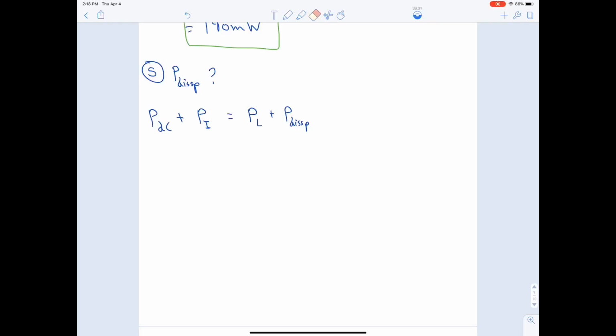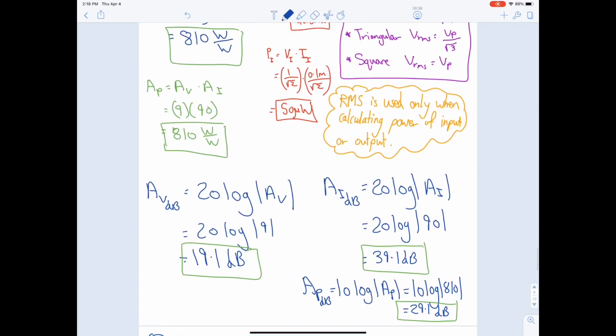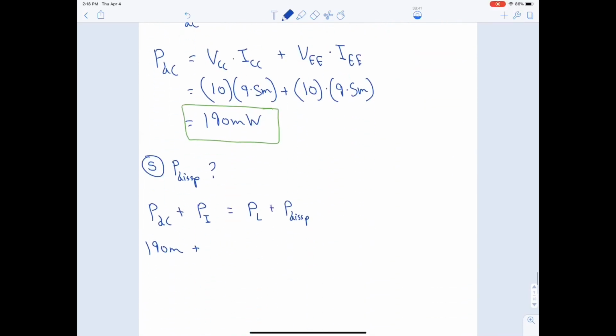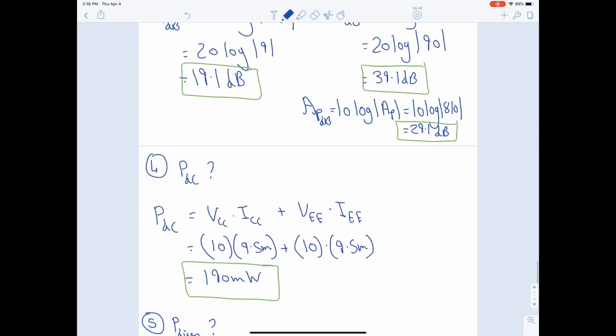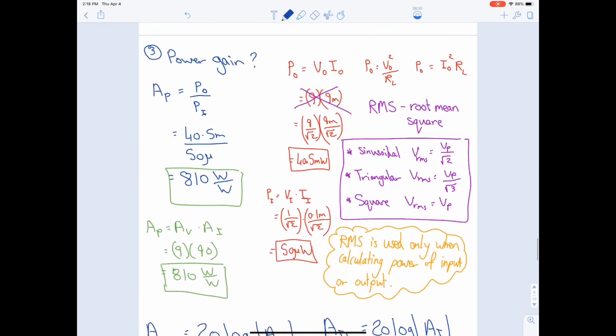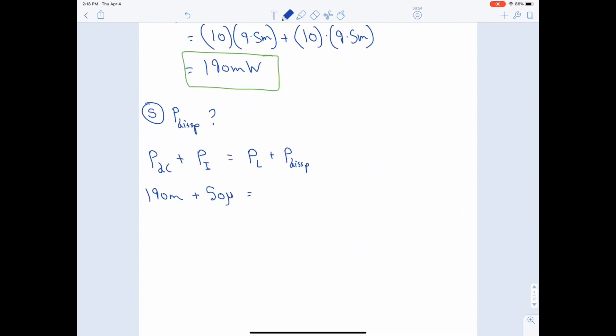What is the power at the DC supplies? It's 190 milli, and the power at the input was 50 micro. The power at the load, which is equivalent to the power at the output, is 40.5 milli.